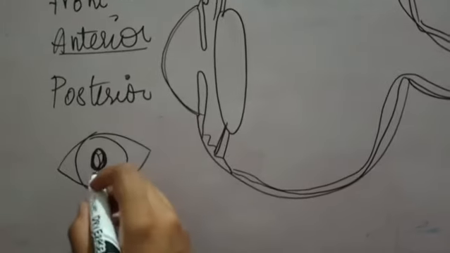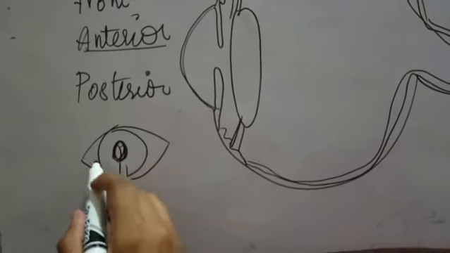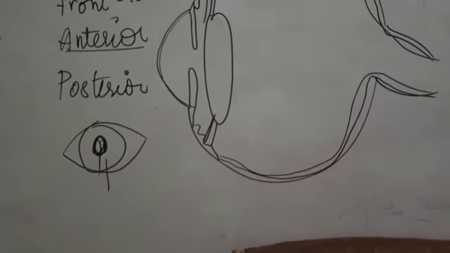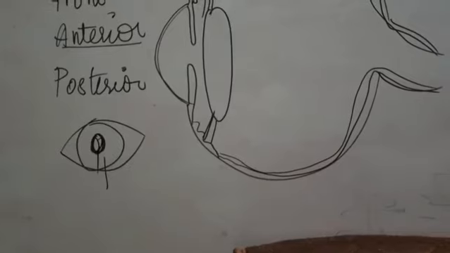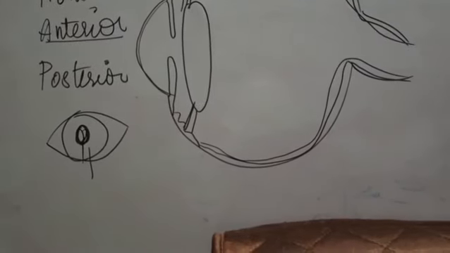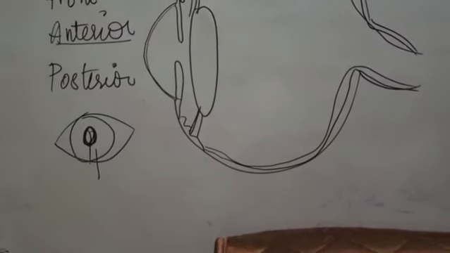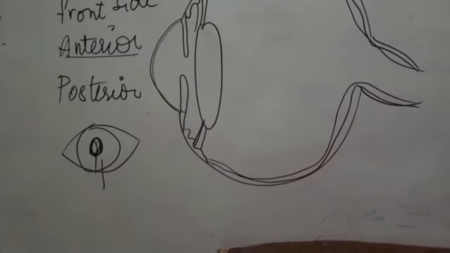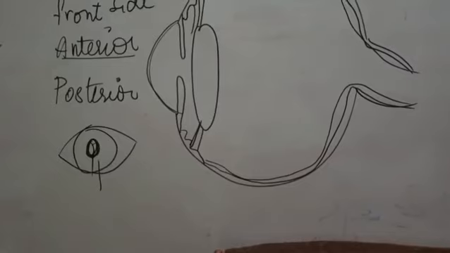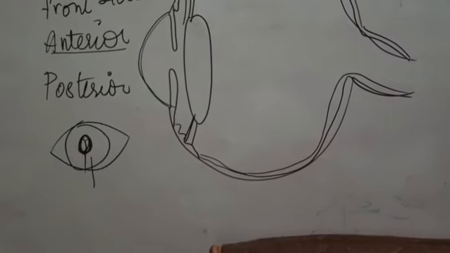So it includes the cornea, the iris, the sclera, the conjunctiva, and along with it, it includes the lens. We can differentiate with the help of the lens whether the lens is phakic, pseudophakic, or an intraocular lens implanted into the eye.